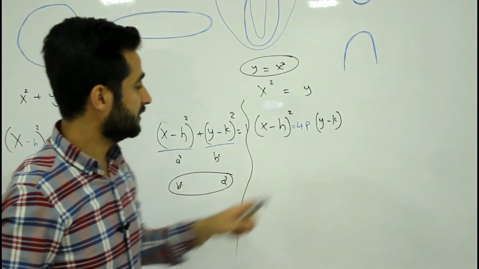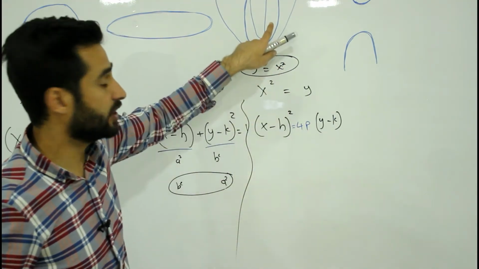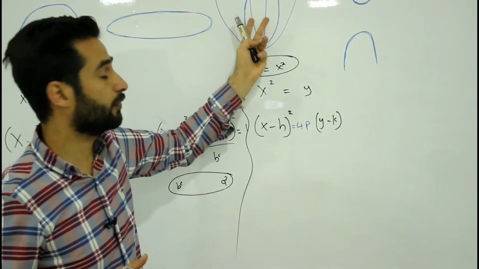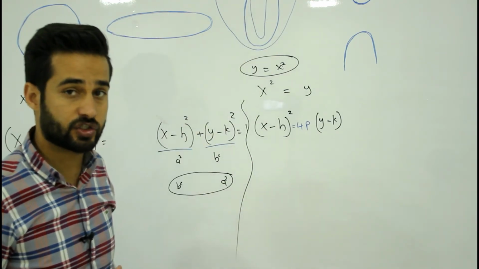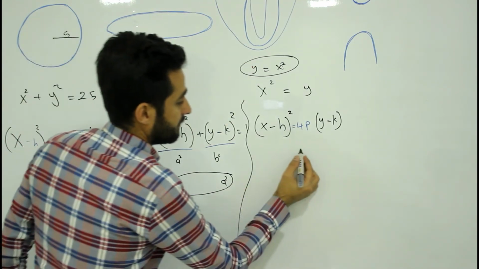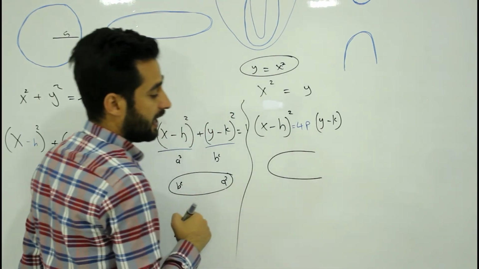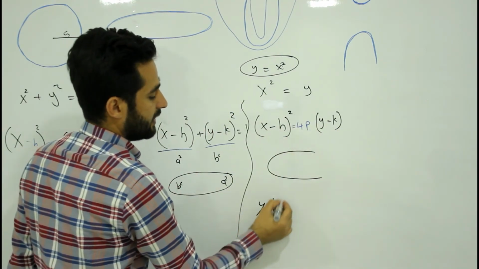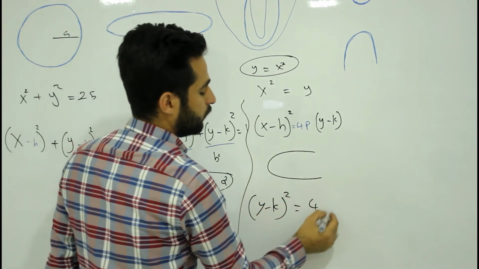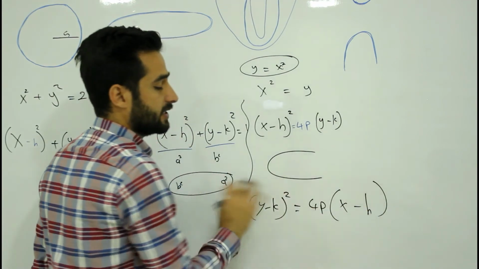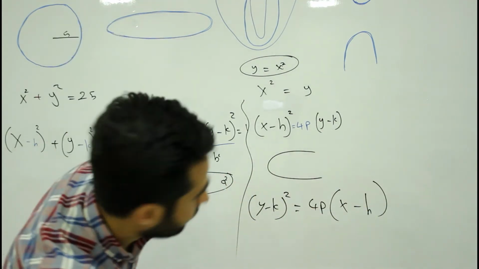This p controls the stretch and the compression of this shape. But maybe this shape is like this. If it is like this, we can exchange the places of x and y. We can say y minus k squared is equal to 4p times x minus h. Okay, just exchange the places of them.